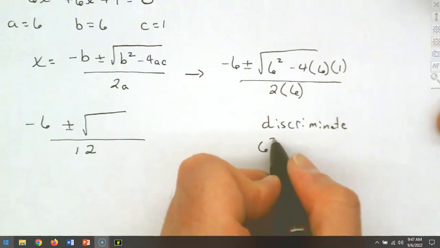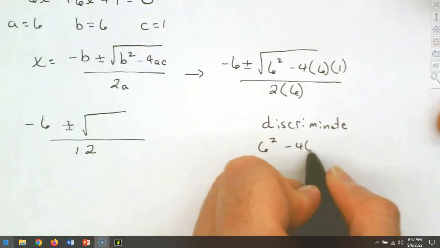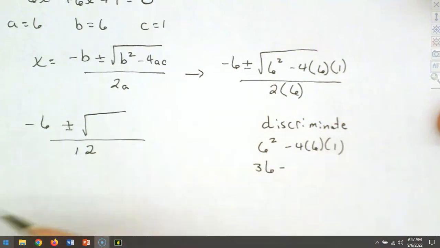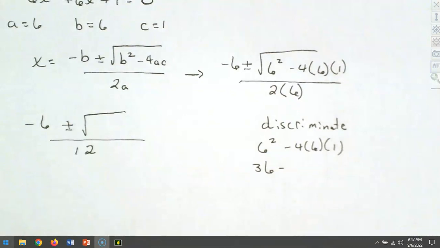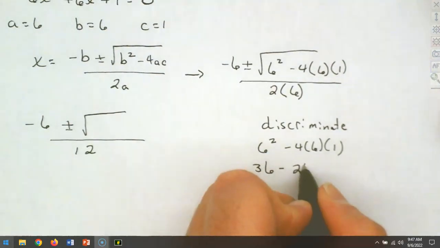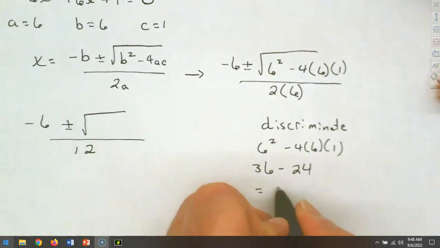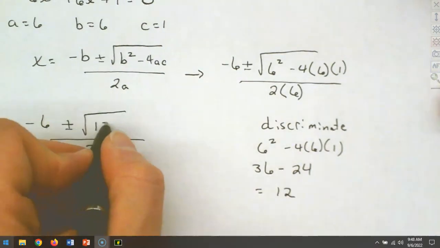And that's 6 squared minus 4 times 6 times 1. So that's 36 minus 24, I believe. 6 times that 4 is 24. And 36 minus 24 is 12. And it's going to be a positive 12 there. So there's that.